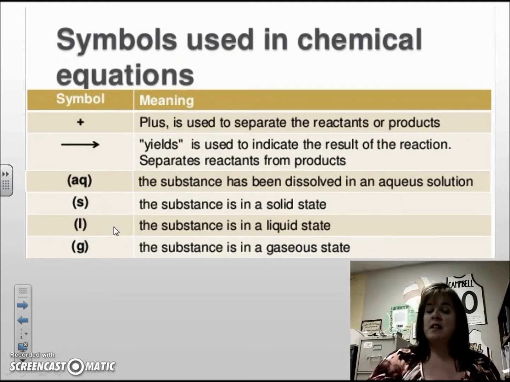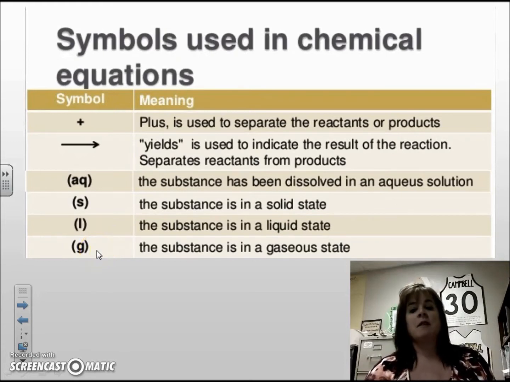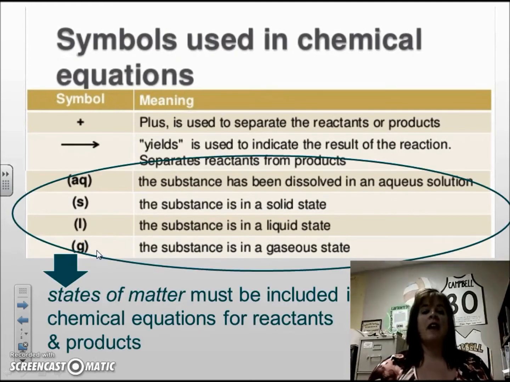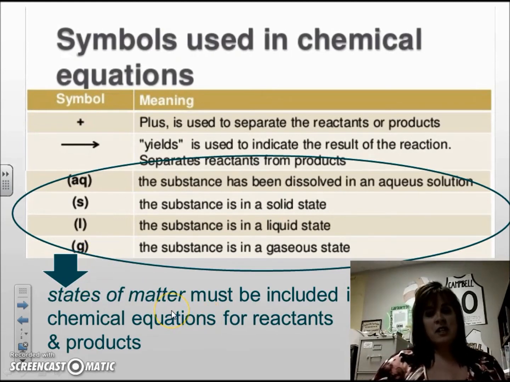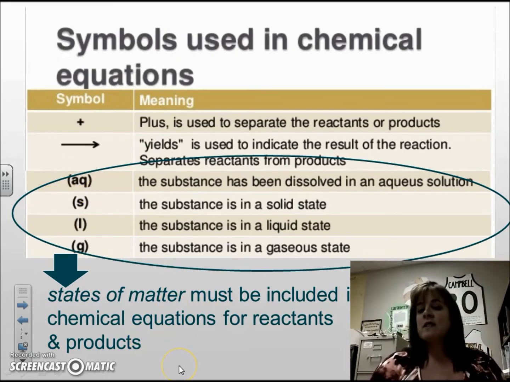Or maybe the l would mean that the substance is in a liquid state, or g would mean that the substance is a gas. So make sure you remember those because we write them into chemical reactions. So when you see a chemical equation, besides seeing the chemical symbols or the names, you'll also see these little symbols to indicate what state of matter that reactant or product is in.